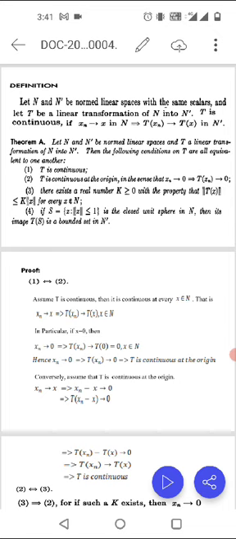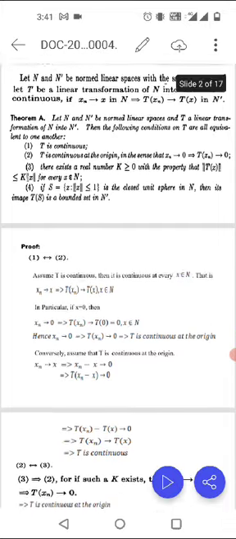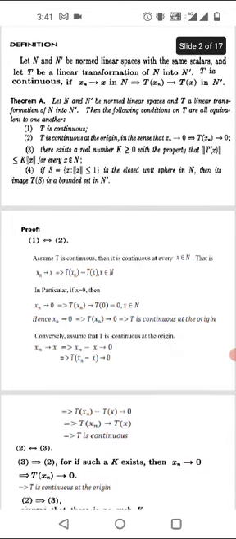Now we prove that 1 is equivalent to 2. That is the necessary part. Let us assume that T is continuous. Then we prove that T is continuous at the origin. By the definition of continuous, we know that xn converges to x implies that T of xn converges to T of x for all x belongs to N. In particular, we put x equal to 0.